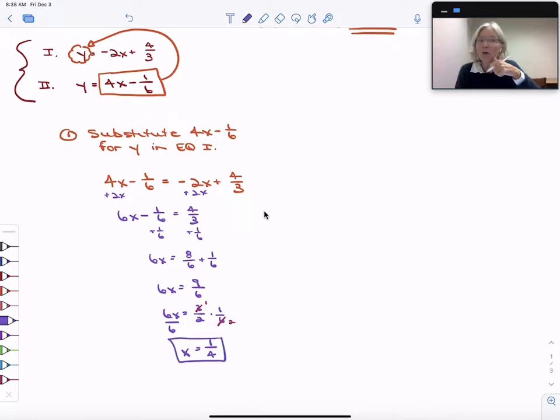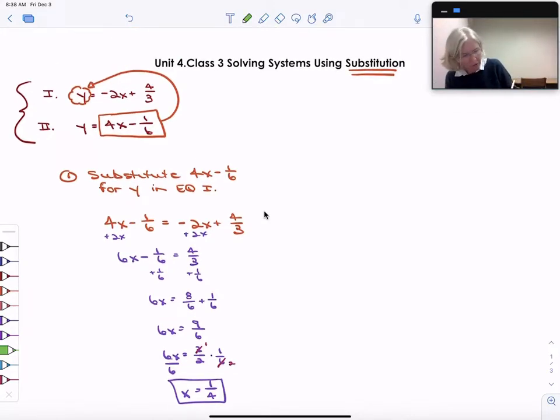All right, so I know my x value. Am I done? No, I need a value for both x and y. To remind myself, I'm going to write up here that I want to find my solution. And I'm going to write my solution just as a point, as an ordered pair. So I know I need an x value and I need a value for y. Now I've just found my x value, so let's go ahead and put that in.